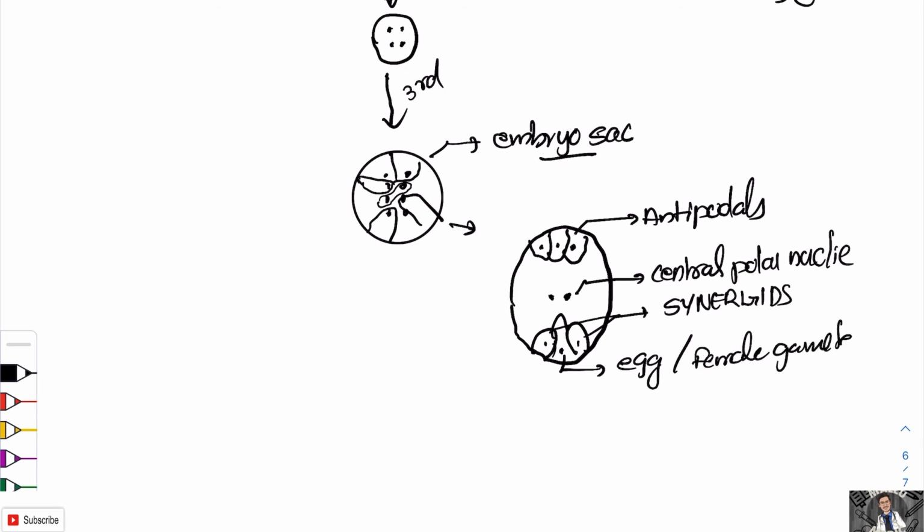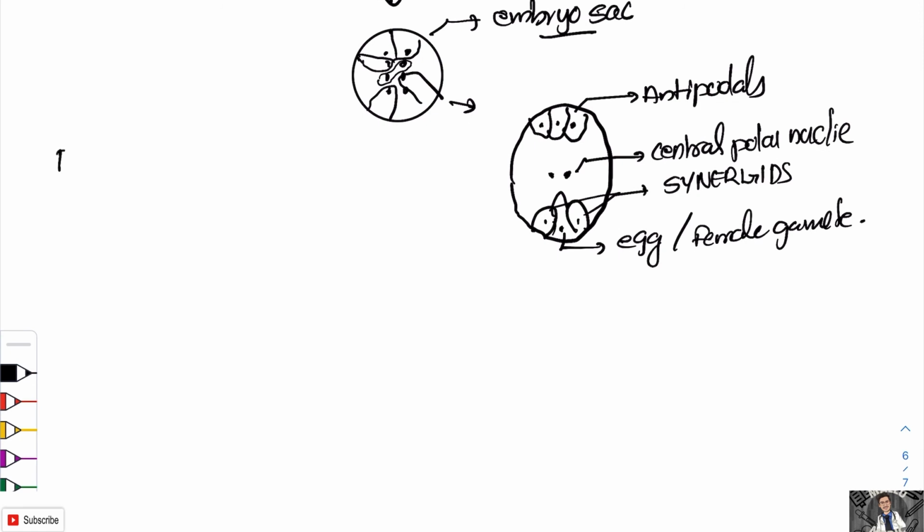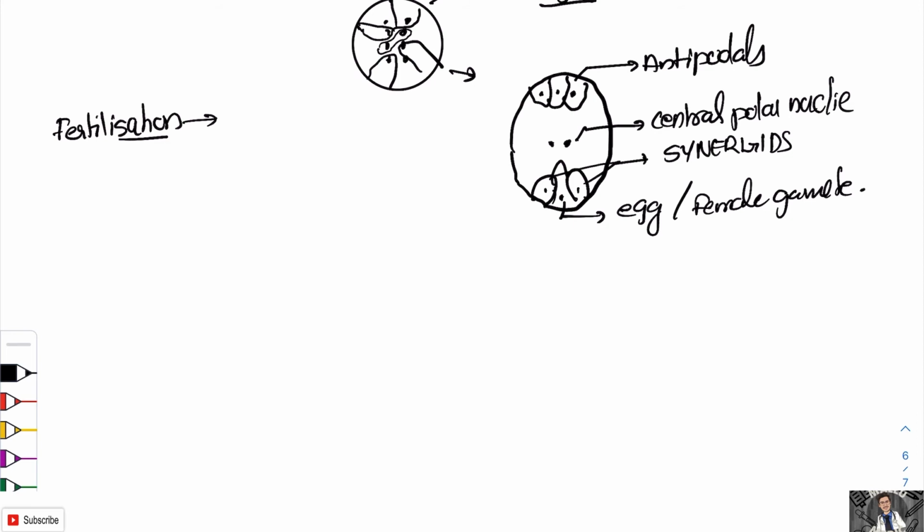Now fertilization has to take place over here, right? So I'll give you a peripheral idea about what fertilization is. Actually, you will learn a lot about this in the morphology of flowering plants, but let's have an overview.